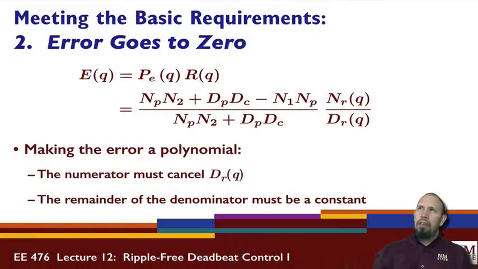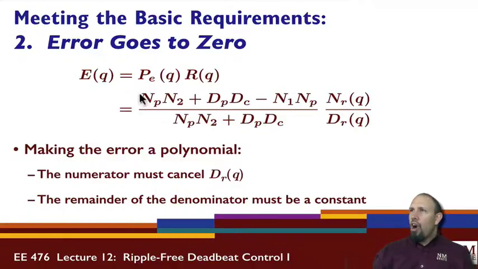So what does it mean for the error to go to 0? Well, here's the error. We have the error transfer function times the input. That gives the actual error signal. Now, what's needed for this signal to be just a polynomial? That's the question. Here's P subscript E. We found that expression earlier. Here's the reference input.